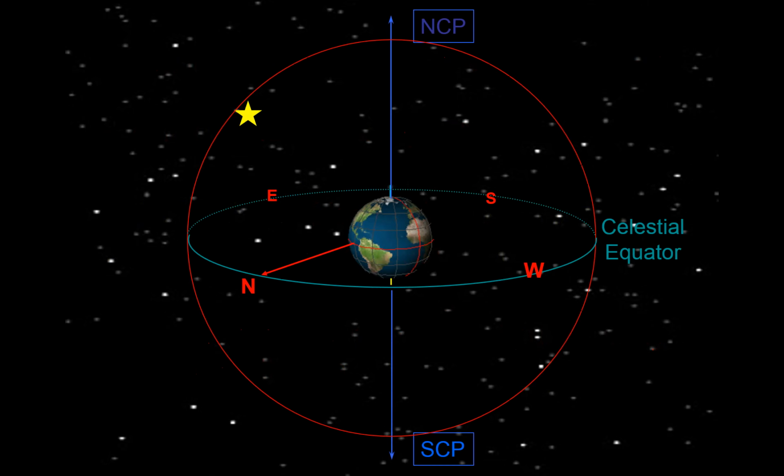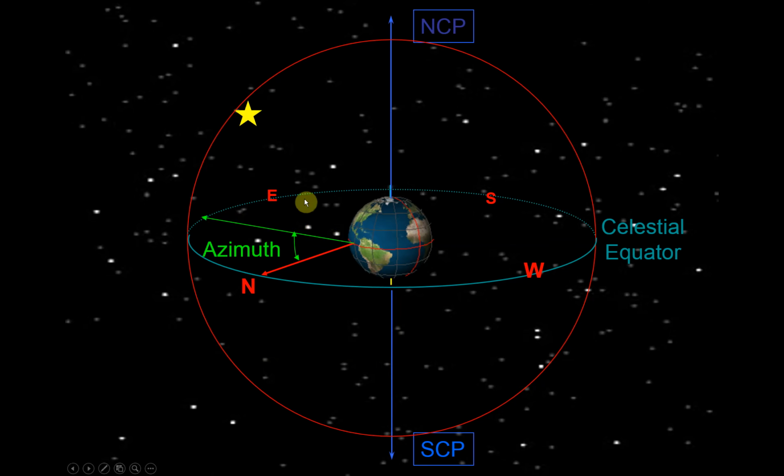So here's a little example. Here we are on the surface of the Earth. Here is our north point. We want to see this star, and we want to define the coordinates of this star. So we start off facing north, and then we're going to rotate through an angle of azimuth, however many degrees, until we're pointed at the star we're interested in.